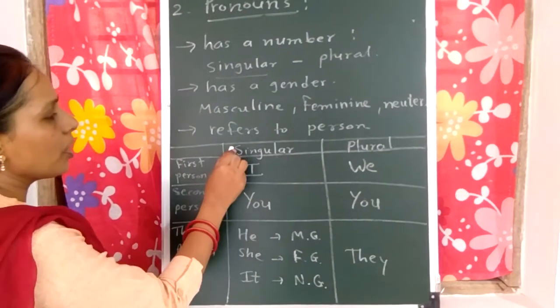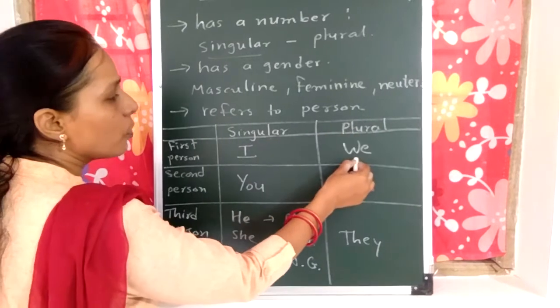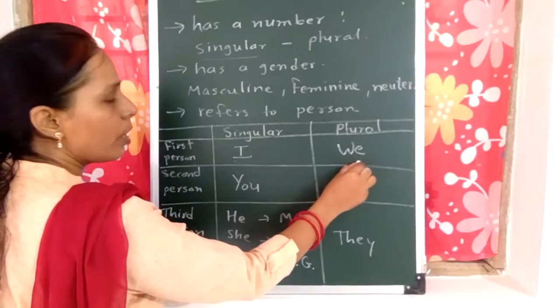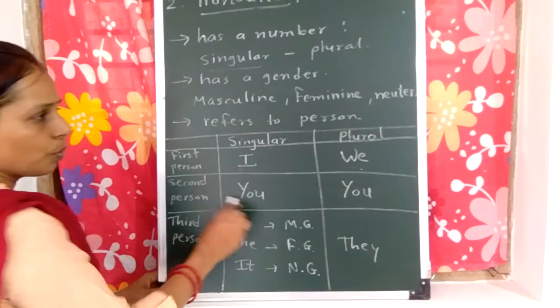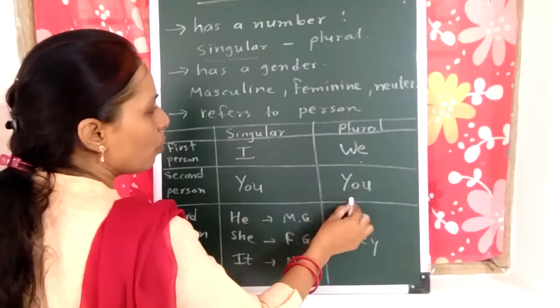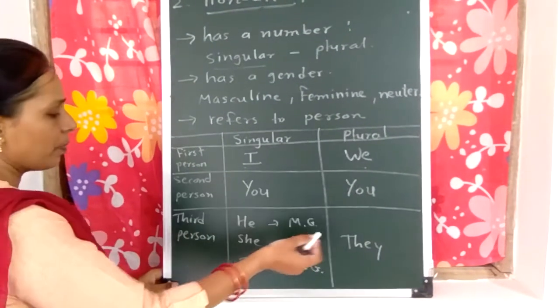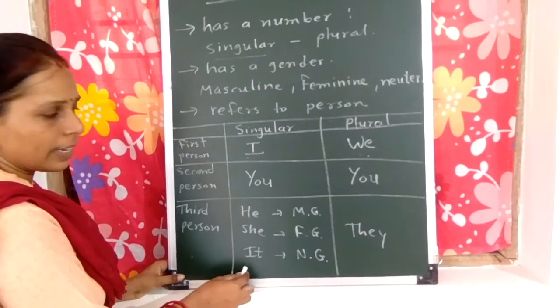The first person singular pronoun is I and its plural is we. Second person singular is you and plural is also you. Both the singular and plural forms of the second person are the same. The third person is he, she and it.